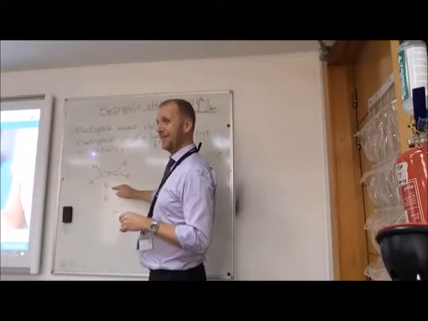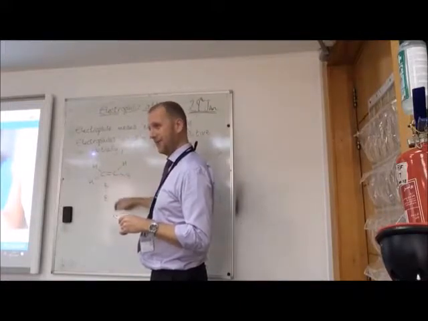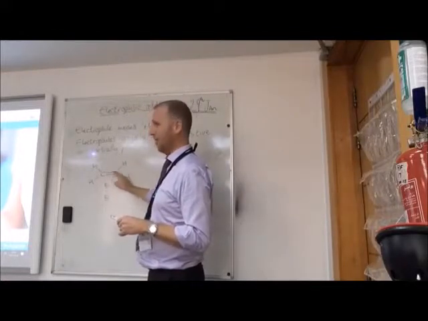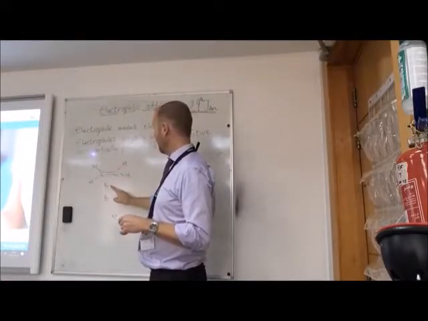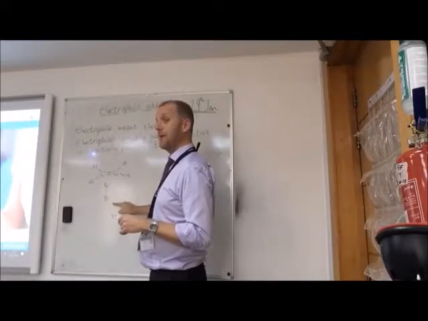It will repel the electrons downwards, away from this area that's got loads and loads of electrons in it. So actually, as soon as it comes near to this, this bromine molecule becomes polar.